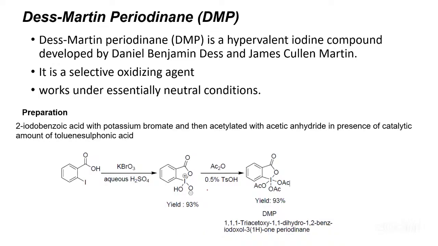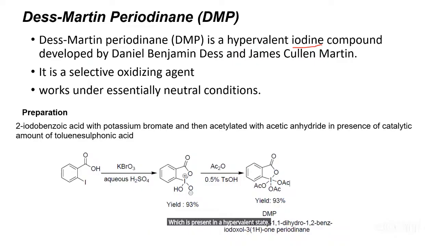The next oxidizing reagent you have to be aware of is the Dess-Martin periodinane. In short, we know it as the DMP reagent. This DMP reagent is an iodine compound which is present in a hypervalent state.